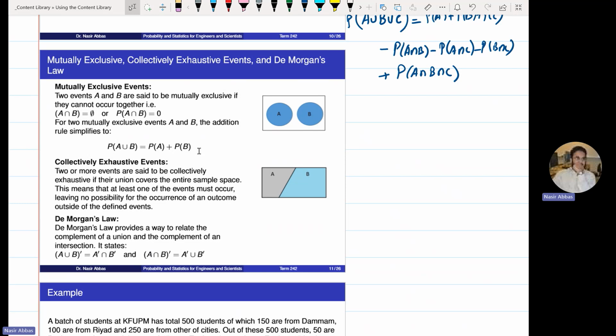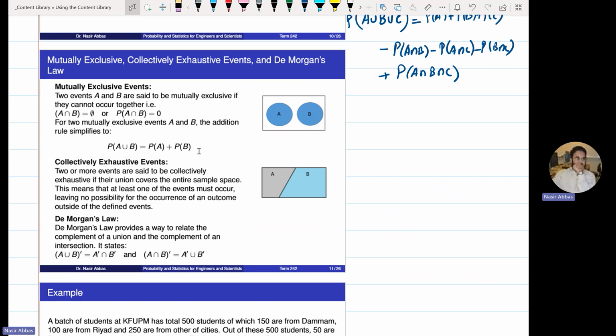Similarly, if I define event A to be that the number is less than 2 and B is that the number is greater than 4, these two events are mutually exclusive. There cannot be a number which is less than 2 and at the same time greater than 4, right? So two events or even more than two events are said to be mutually exclusive if their intersection is phi.